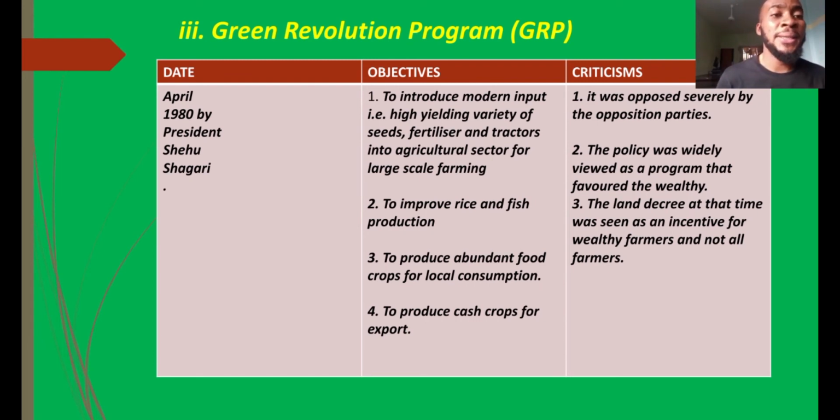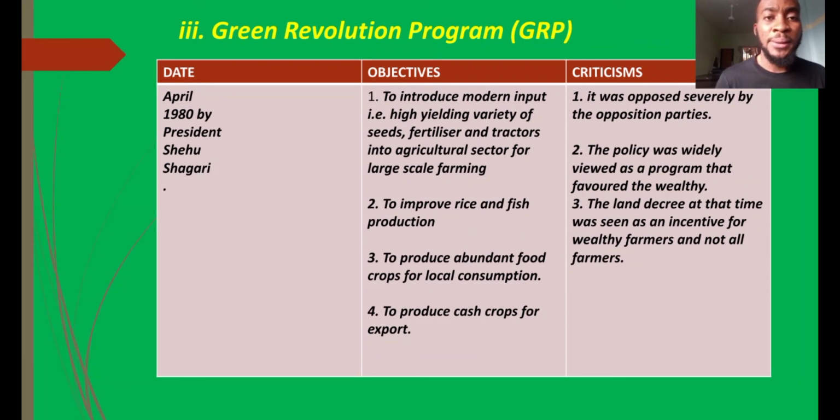Also, the criticisms: it was opposed severely by the opposition parties. During this period in 1980, before Obasanjo handed over to the civilian government, there were 5 political parties.